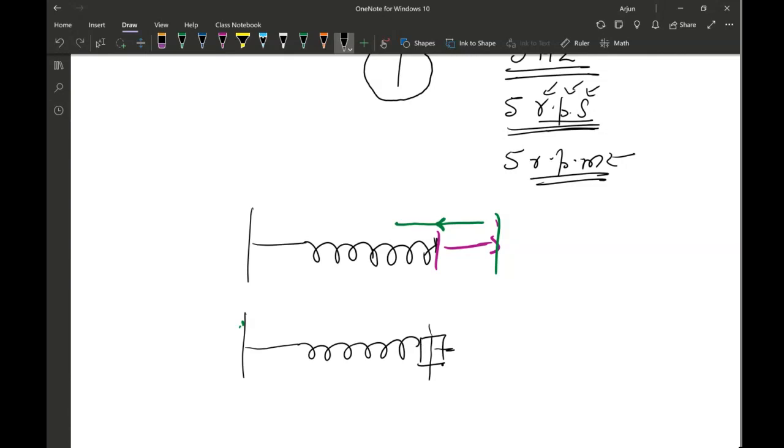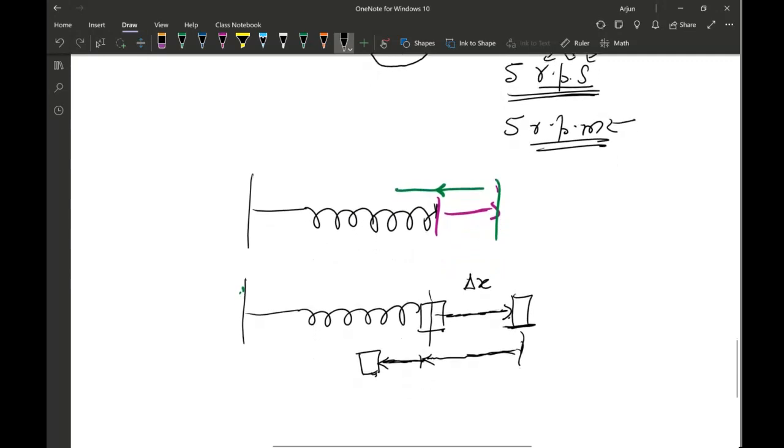Now I move this mass in the forward direction to a distance delta x. So the spring is stretched and then I leave it. What's going to happen? This mass will start moving in the opposite direction, and because this is a mass, there will be inertia associated with it, and that will try to compress the spring also.